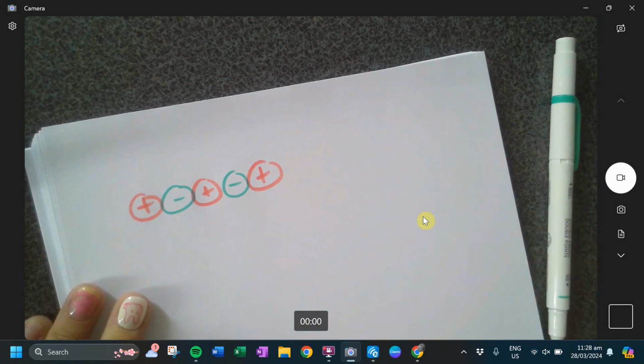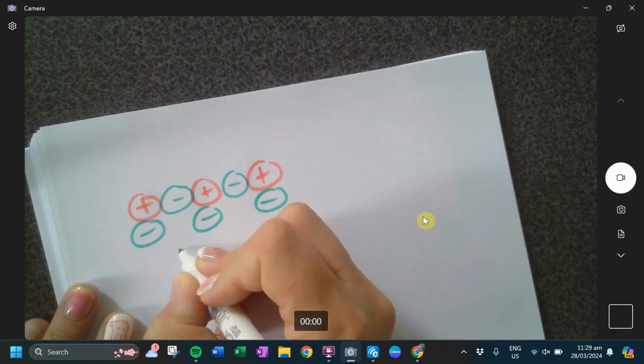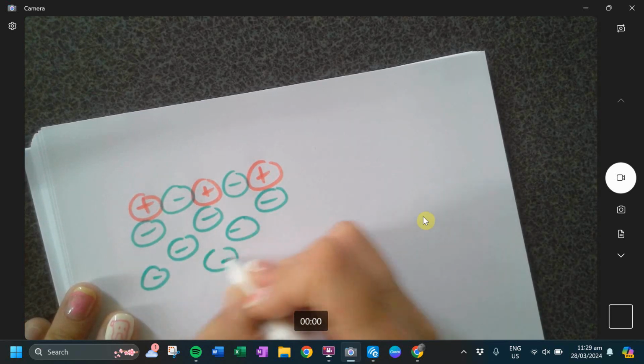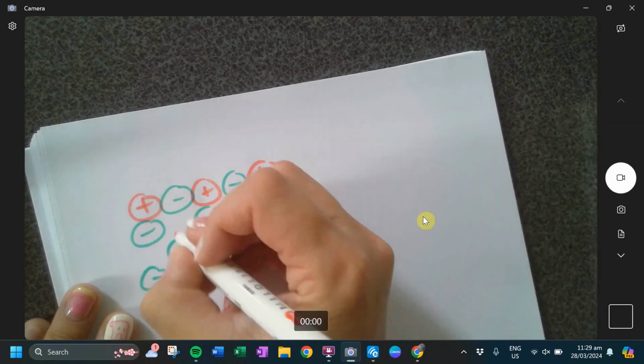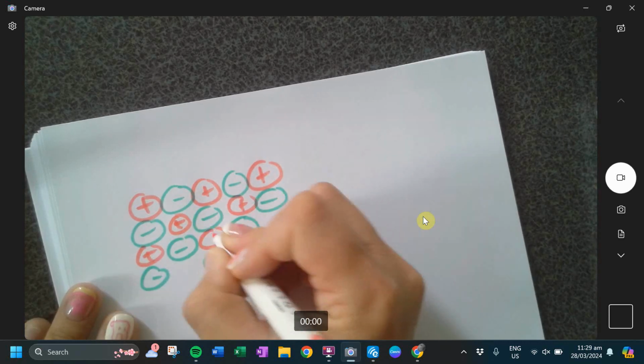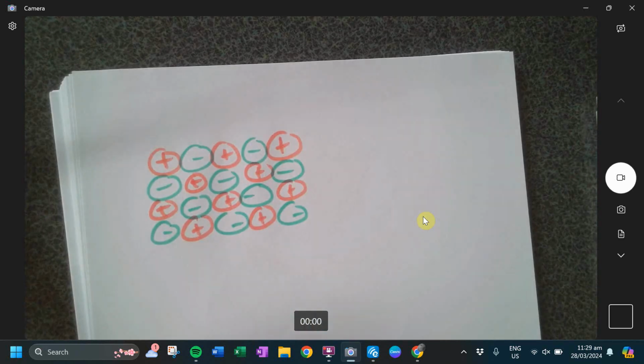All right, so this is my ionic solid. Agree? Ionic solid? Yep.